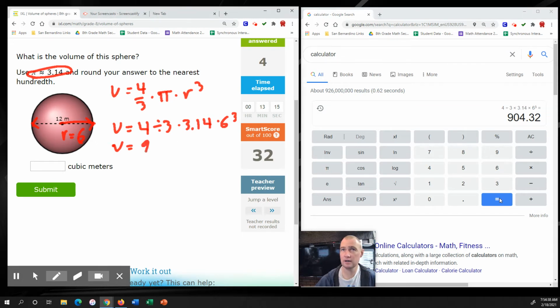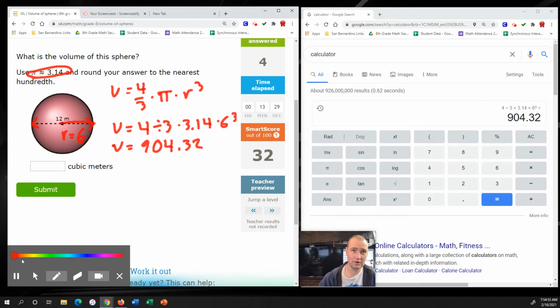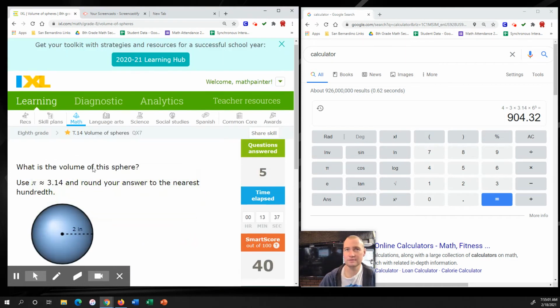So we got 904.32. The reason why it looks familiar is we had another question that gave us the radius 6, but now they try to change the question by putting the diameter 12, but it's actually the same sphere. So we're just going to use the same answer again. So we're going to use 904.32 and hit it. There we go.